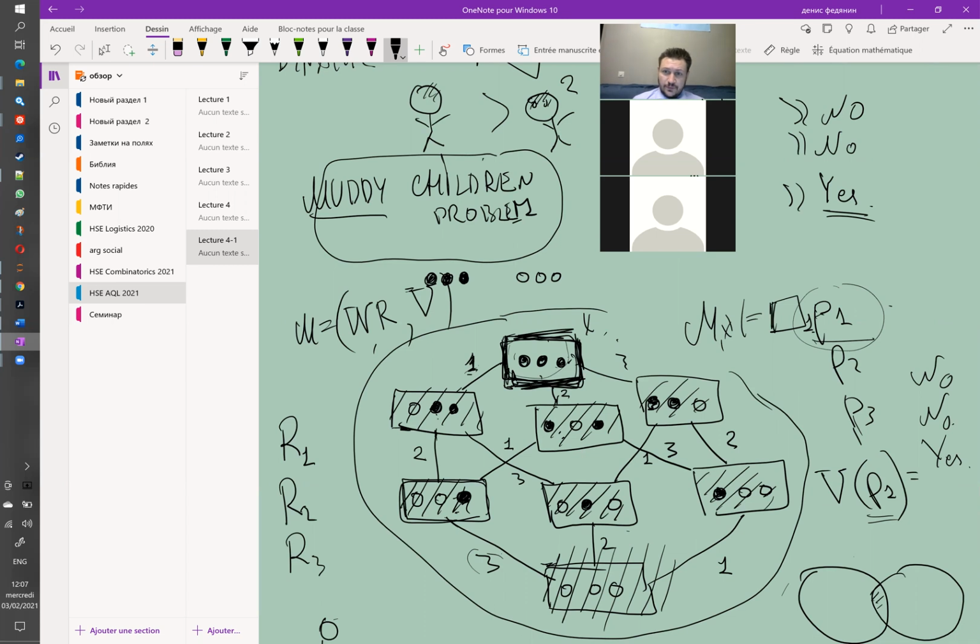Then we can place box. It's like a mathematical term for all. For all worlds that are connected with this one.